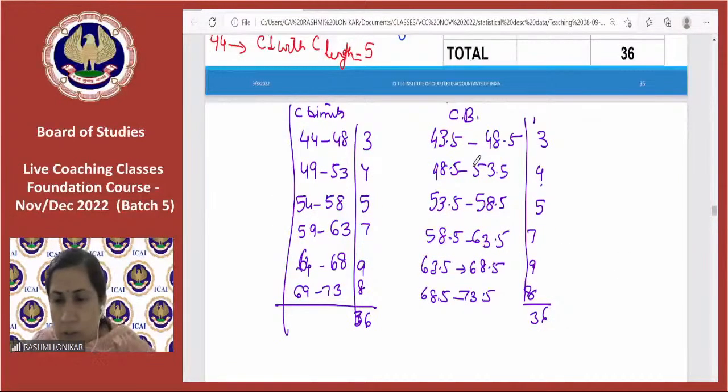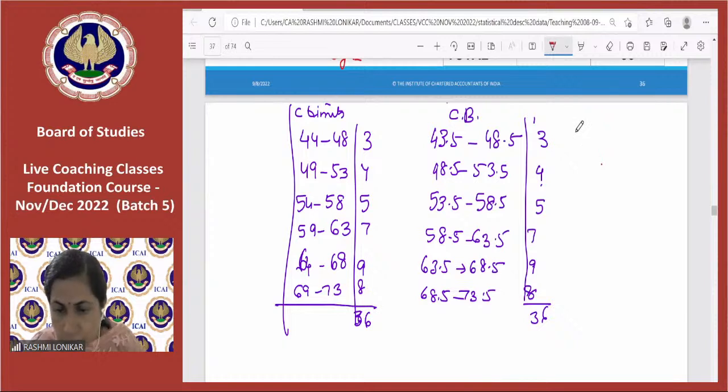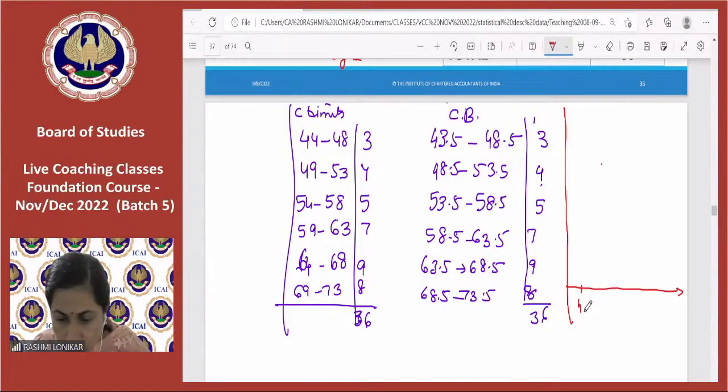So I use this here. I will have this axis and this axis. On this axis, I am writing 43.5, 48.5, 53.5, 58.5, and so on.